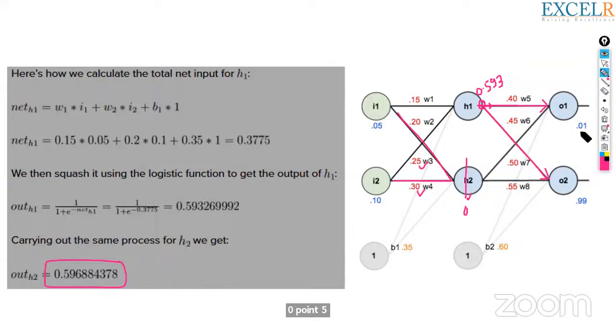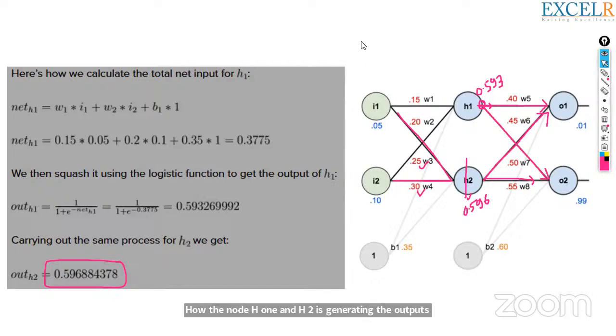And this value will get input to the node O1 and O2. Is that clear, guys? How the nodes H1 and H2 are generating the outputs? Any questions, anyone?